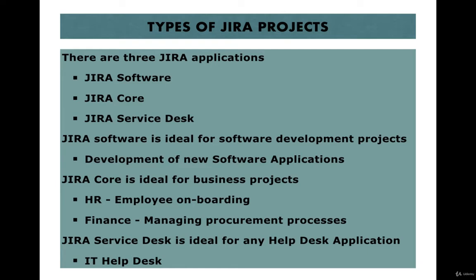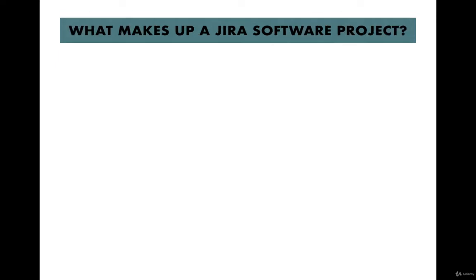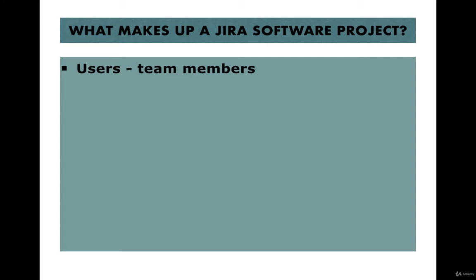employees within the organization. Then what makes up a Jira software project? Let's see what the components that make up a software project are. First thing is the users. The team members within the project are the first component of a Jira software project. Then it's the issues. As we discussed, a project is a combination of issues.